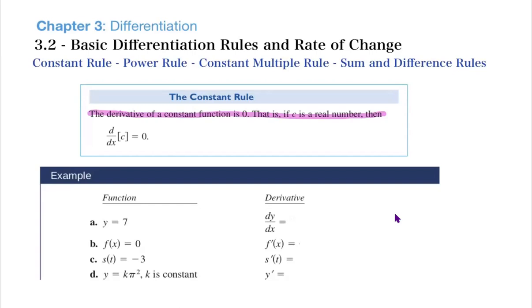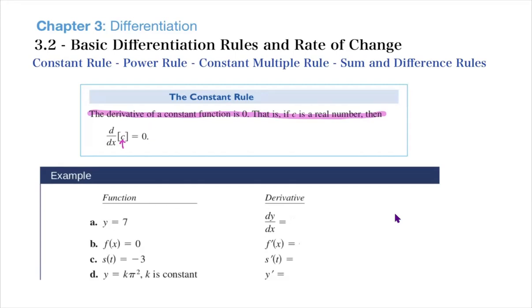So if I calculate the derivative of a function c with respect to x, as you can see, there is no x involved in this expression c, but I'm still calculating the derivative of c with respect to x. So if there is no x and I'm calculating the derivative with respect to x, the derivative is 0.